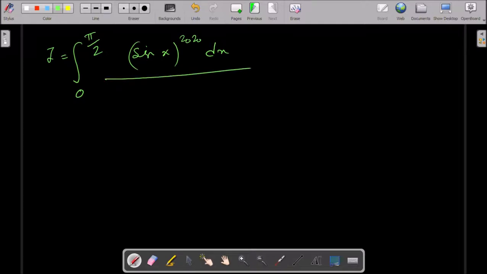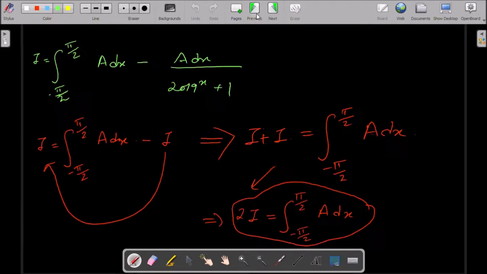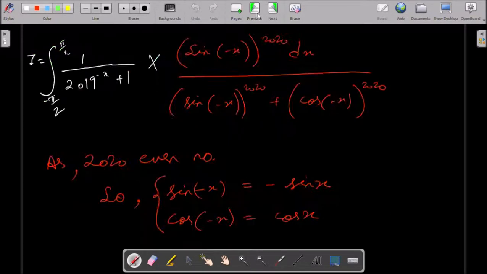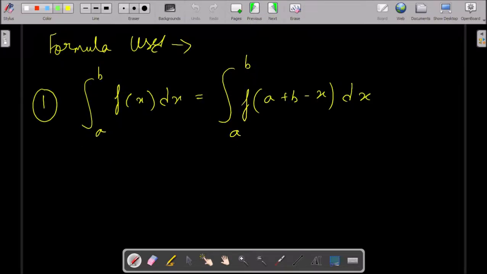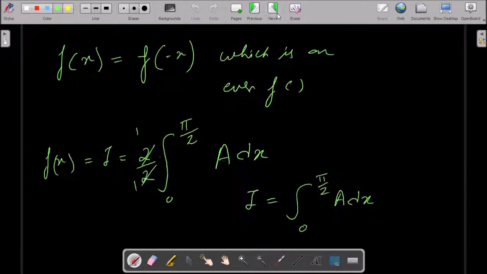The value of a was this only, no change there. Now we will use a formula which we are familiar with, this one. Again we will use this formula to solve this integration.